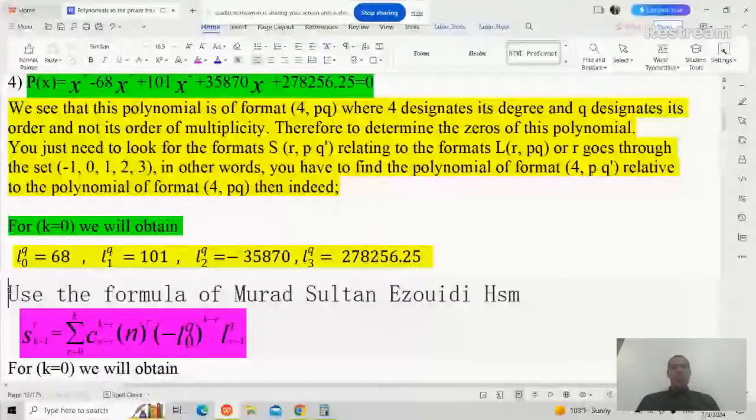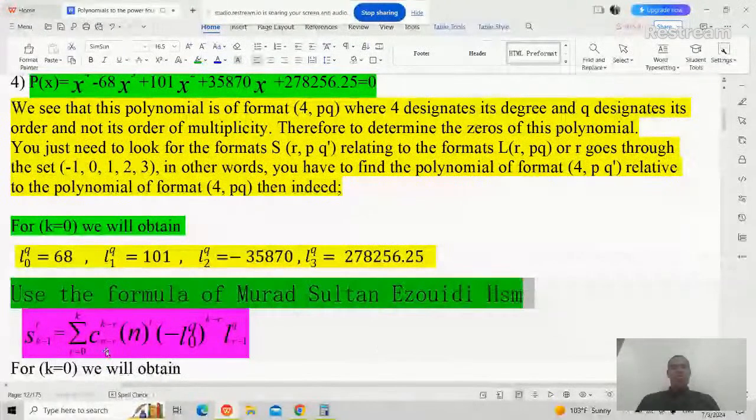It's written as S minus 1 of O with the sum from 0 to k, combination n minus r choose k minus r, n raised to the power r, between parentheses negative L0 for the q raised to the power k minus r, times L r minus 1 of O. Now learners, I will start.